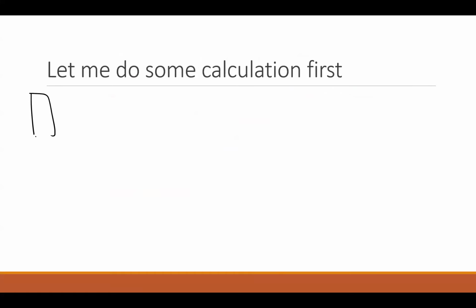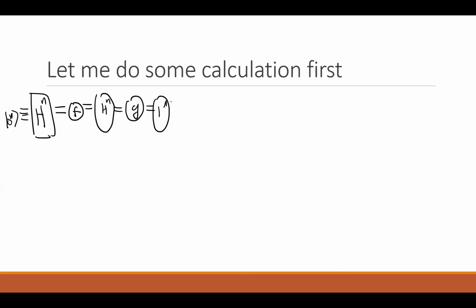Okay, so this is what I've got to prove. Let's consider the following circuit. So this is 0 to n, this is F, this is Hn, this is G, and then we do a measurement. Remember the following identity.